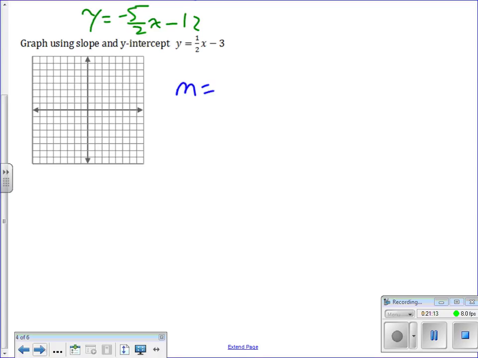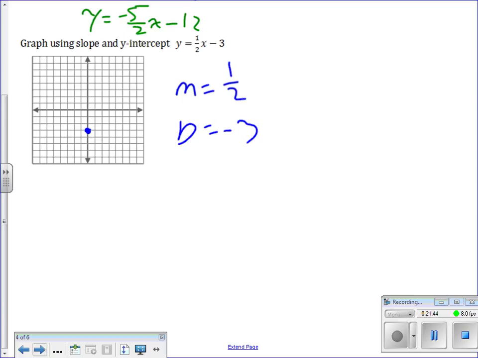To graph from slope-intercept, you need to identify your slope and intercept. What's my slope for that equation? 1 over 2. What's my y-intercept? Negative 3. So on your y-axis, put a dot at negative 3. From that point, and the biggest error students make is they don't do the slope from here, they do the slope from the origin.